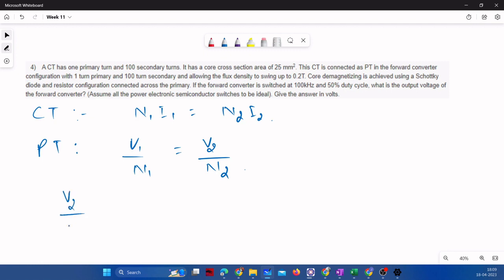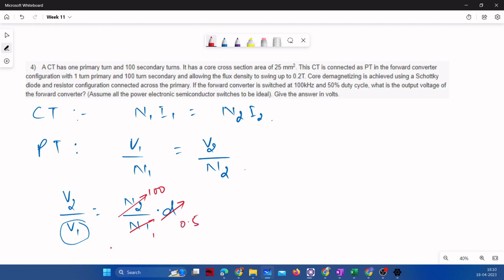So that will be V2 by V1 is equal to N2 by N1 into D. If somehow I can find out the value of V1, all other parameters are given, right? N2 is given as 100, N1 is given as 1, D is given as 0.5.